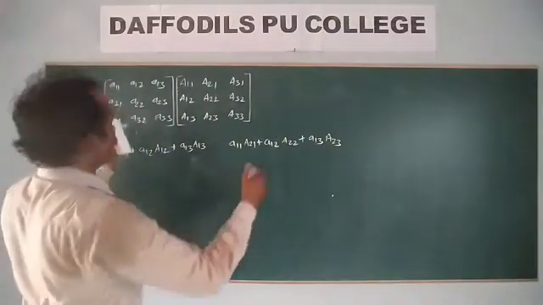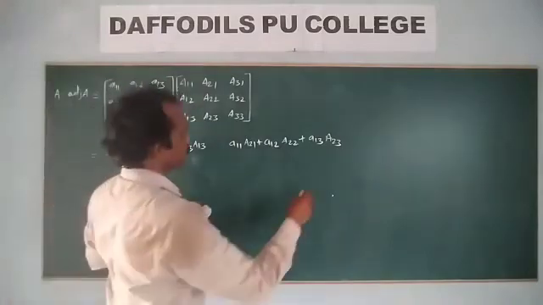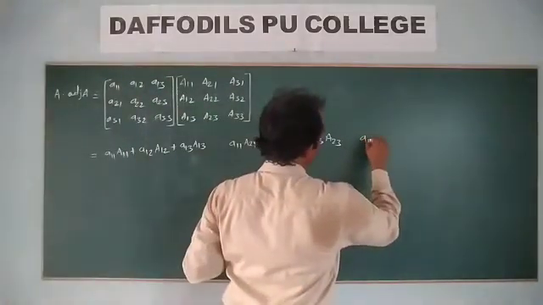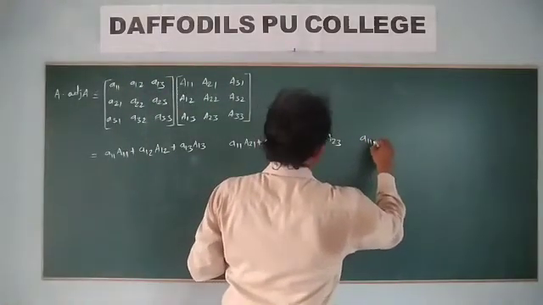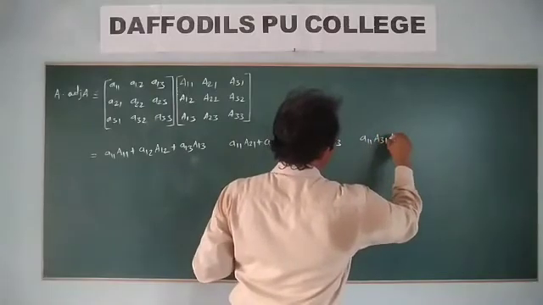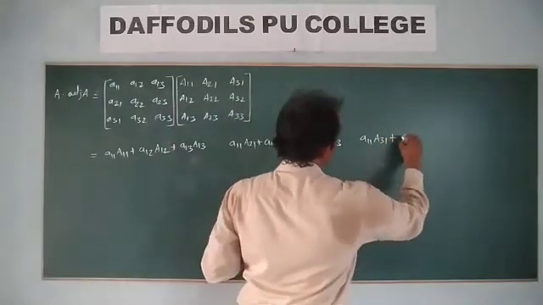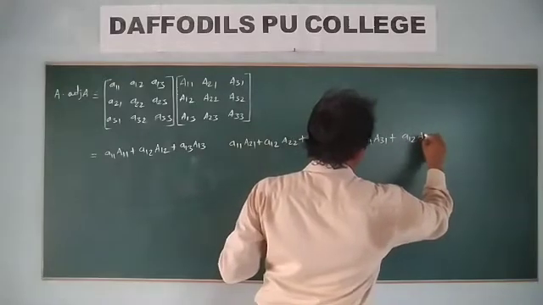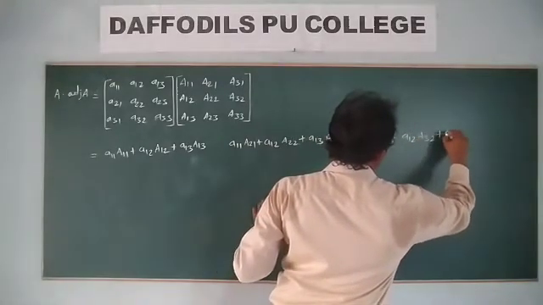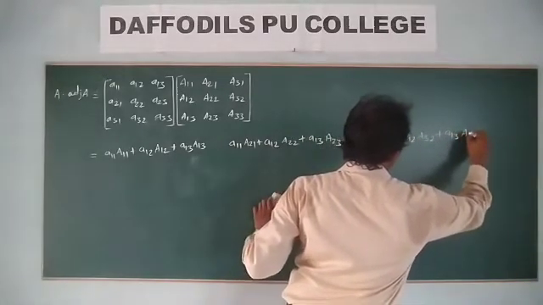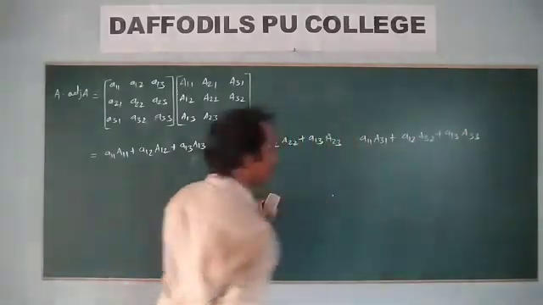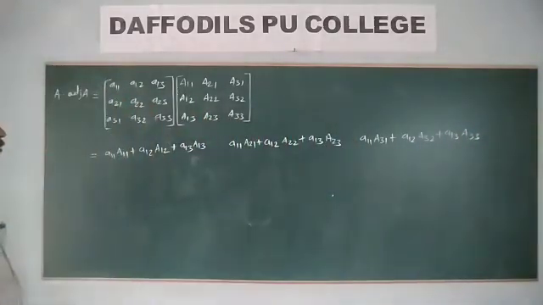Next, third element. First row, third column: A11 A31 plus A12 A32 plus A13 A33. That is the third element.